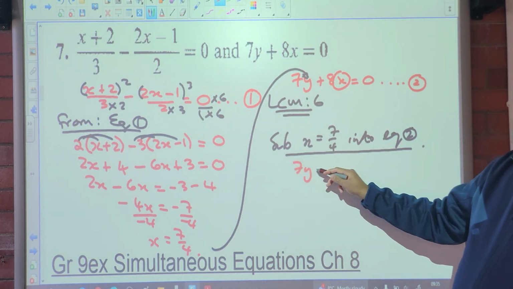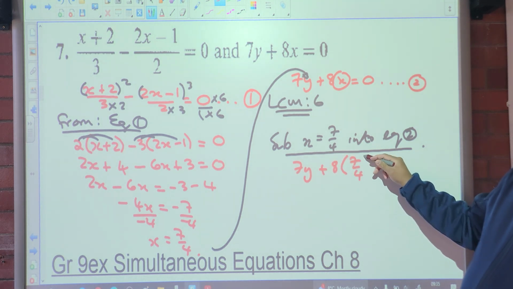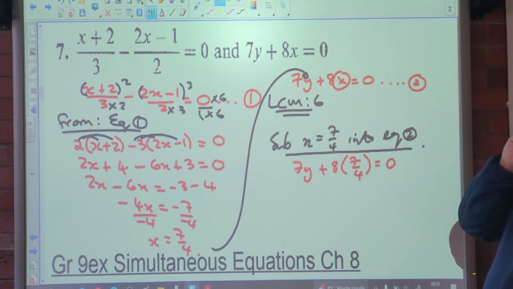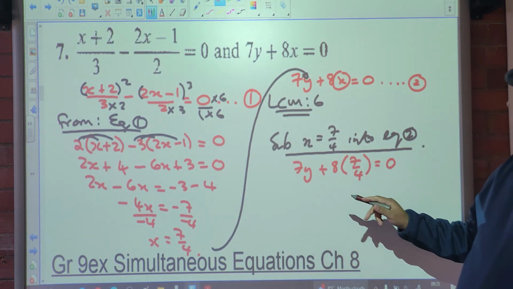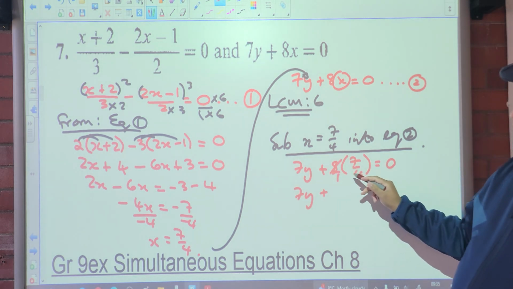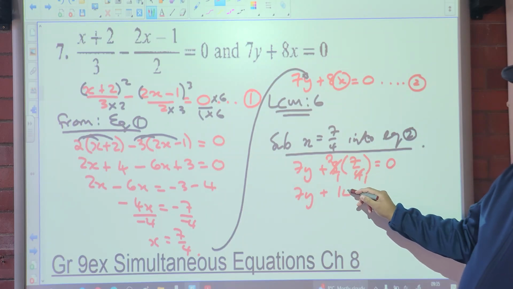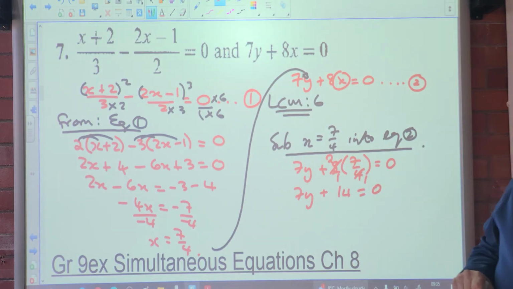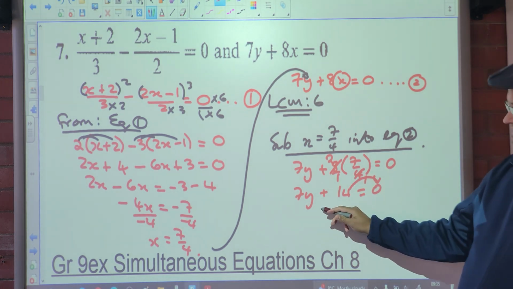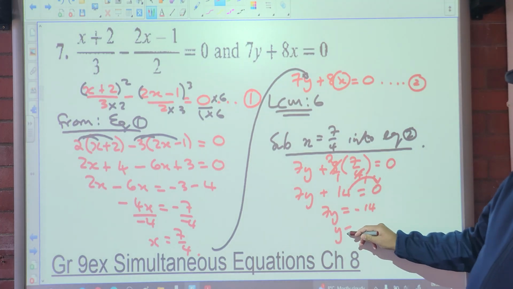So it's 7y plus 8 times 7 over 4 equals 0. So it's 7y plus, there's an invisible 1 under the 8. 4 going into 4 once, 4 going into 8 twice. 2 times 7 is 14, equals 0. Now what? So you say 7y is equal to negative 14. So y is equal to negative 2.